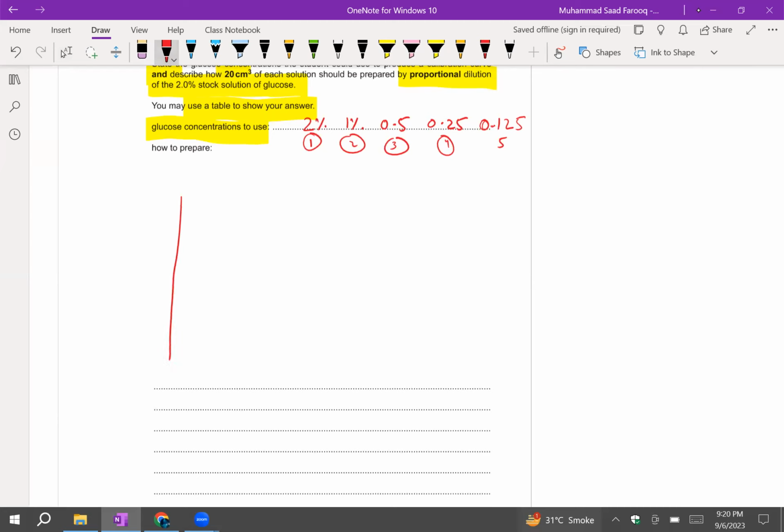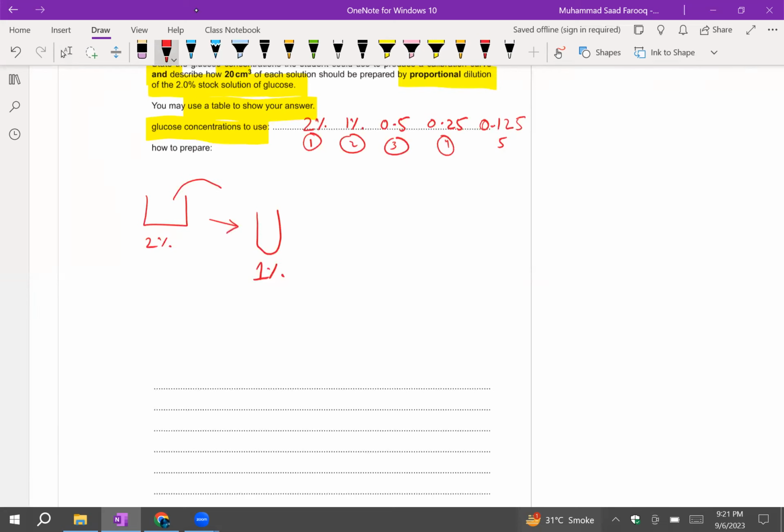So we need to make this table, or we can use that beaker diagram that we are used to doing in our practicals. For example, this is our stock solution, which is 2%. And then we'll take a test tube. Now we are going to make 1% of it.